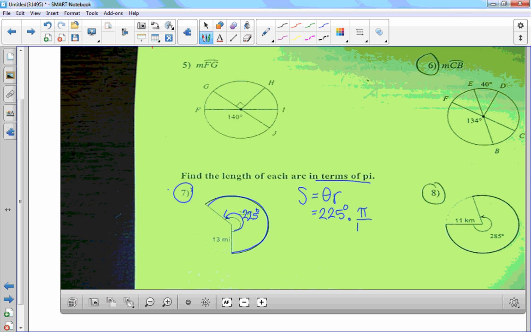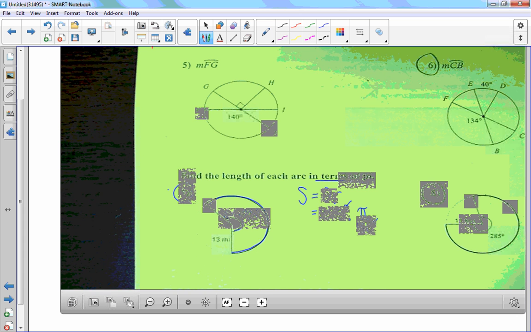Yep, times pi over 180. The degrees cancel out. We need to use a calculator for 225 divided by 180. Math, enter. Jada, can you do that for us? Good.